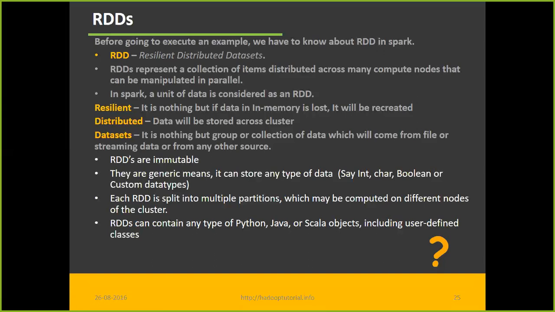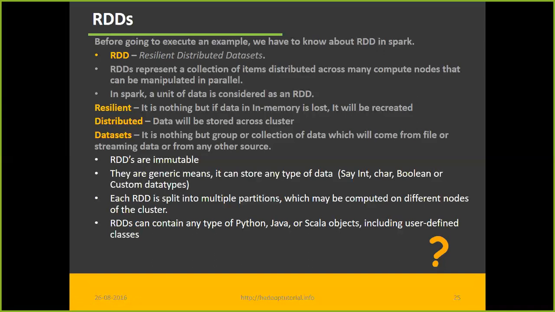And the next point is they are generic. RDDs are generic. They can store any type of data. These statements seem contradictory, conflicting. RDDs are immutable, yet I'm telling you that you can apply transformations and create a new RDD. I'm not sure how many of you understood that statement perfectly.